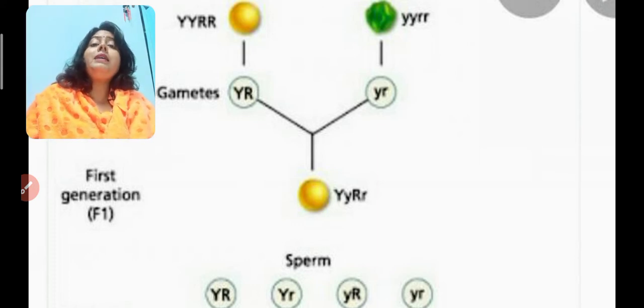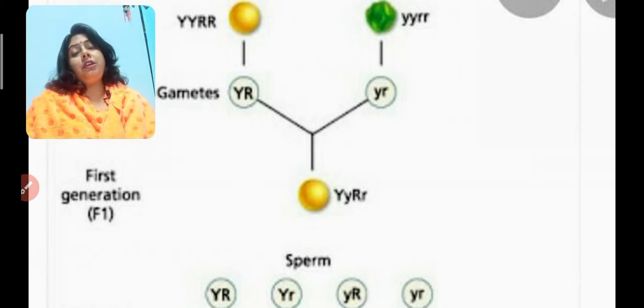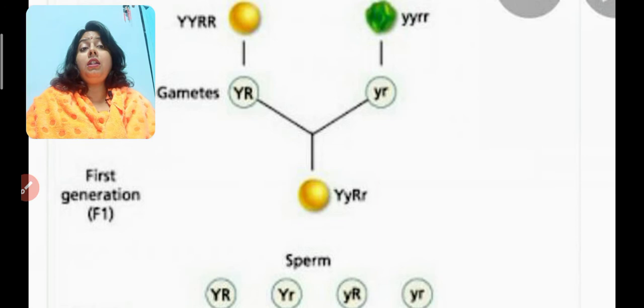But when he self-crossed them, in the F2 generation, what did he find? He found round and yellow seeds along with wrinkled and green seeds, which were the parental forms. And to his surprise, he found two new varieties which were not present in the parental generation: yellow and wrinkled seeds, and green and round seeds.